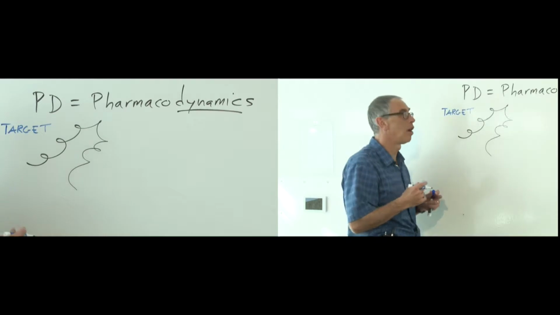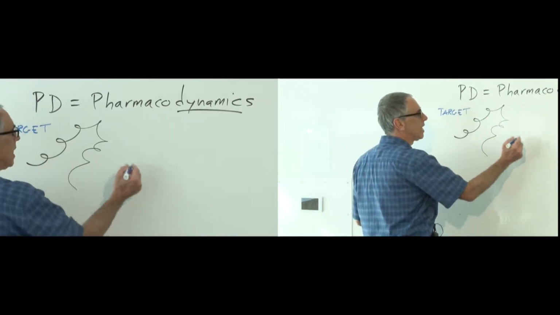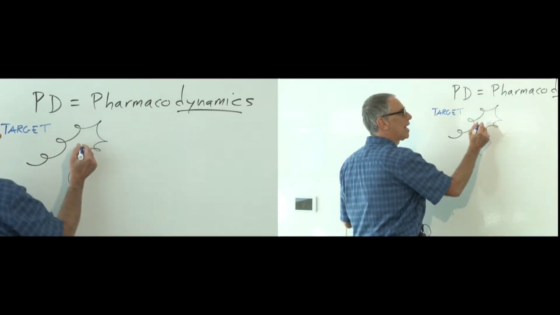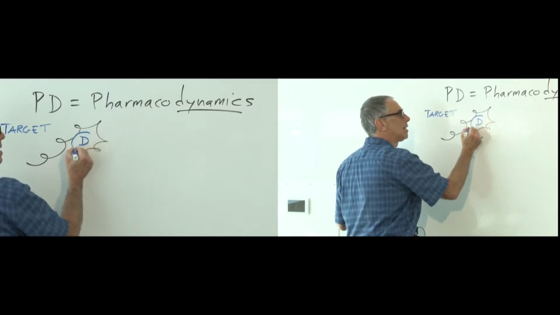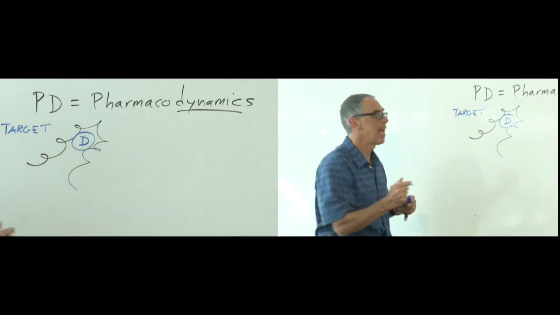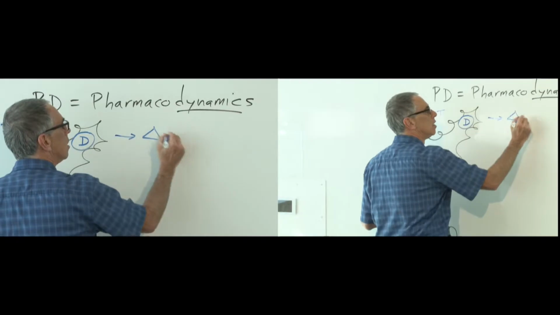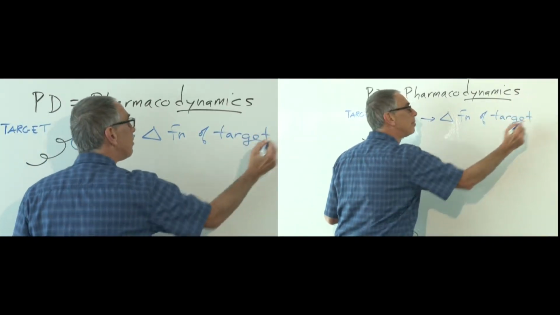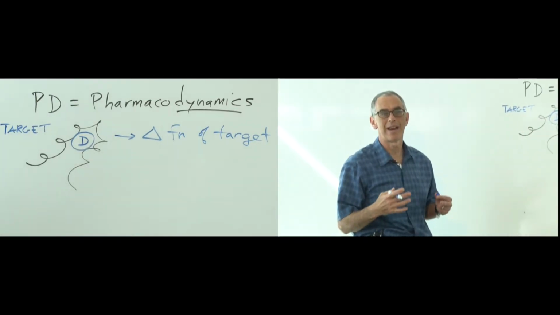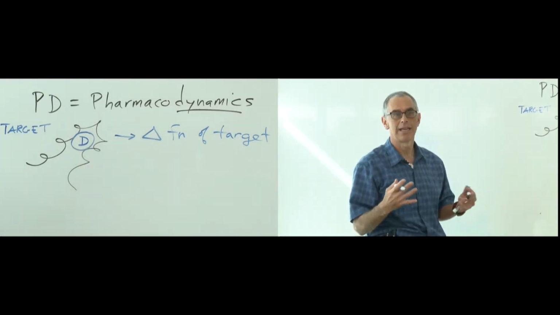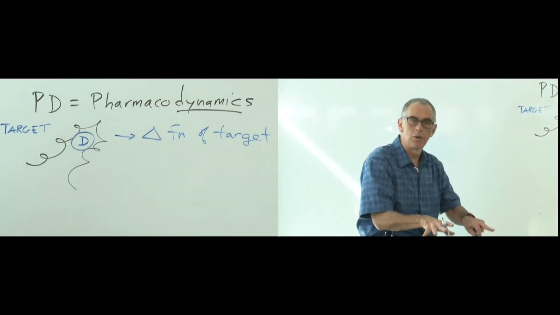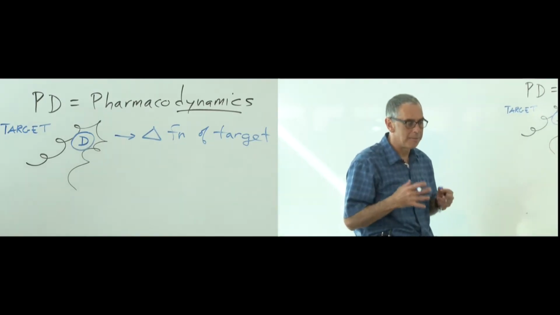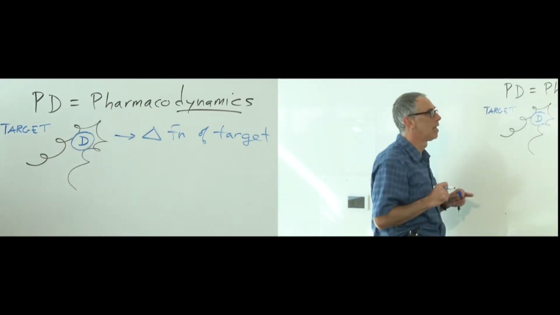Very often we want to turn it off. The drug that we give, D, often will find a pocket in this target and sit there. And that will change the function of the target. And presumably it will change the function in a way that helps the patient's disease state get better. So it might tone it down, it might activate it, but it will in some way change it.